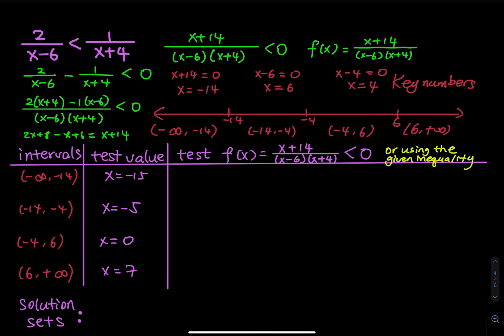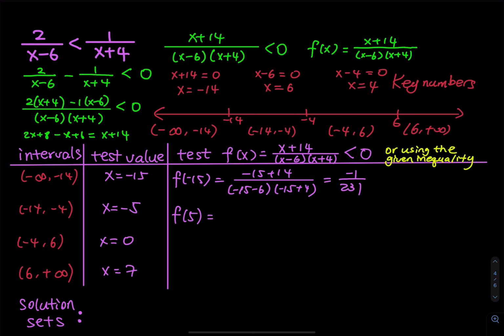So let's do the plug-in. We have f of 1, so that is 1 minus 2 divided by 1 minus 6, and then 1 minus 4. And then f of 3, so that is 3 minus 2, and then 3 minus 6, and then 3 minus 4.